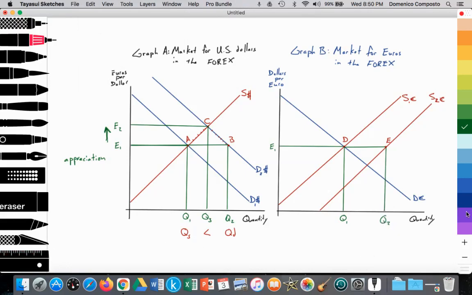And we see that at Q2, the quantity supplied of the currency is greater than the quantity demanded. So that puts downward pressure on the value of the currency.